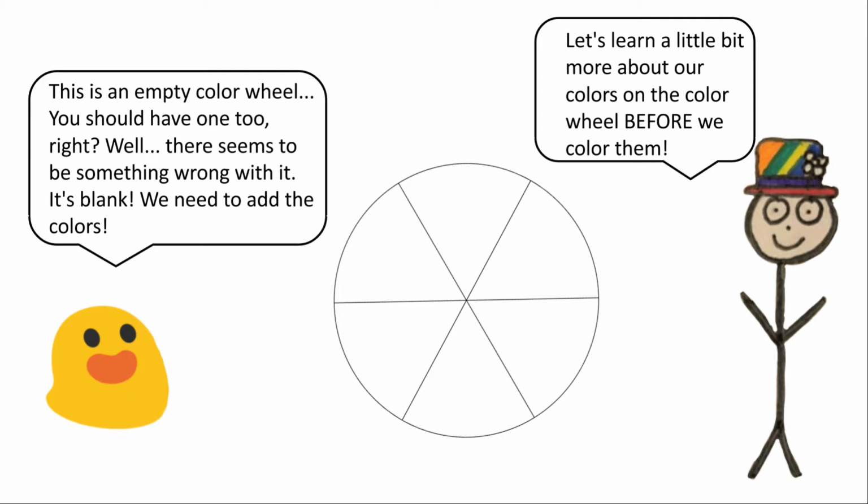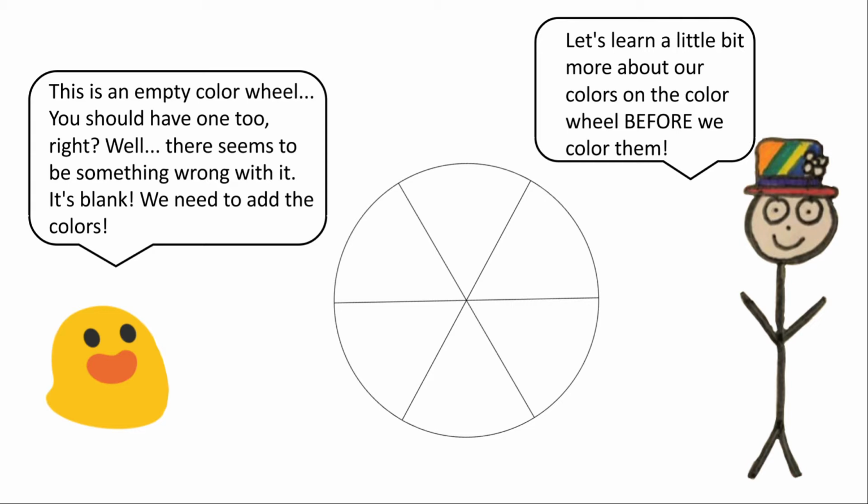This color wheel is blank. We need to add all the colors that fill it in. Oh, thank you, Mr. Biv, for reminding us. Okay, so how about we start at the top of the color wheel, that little top slice.